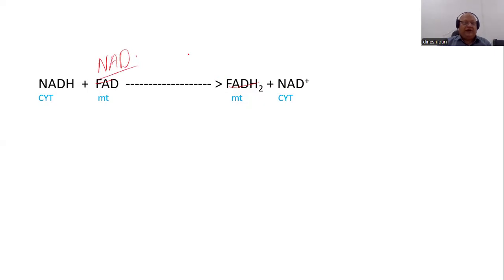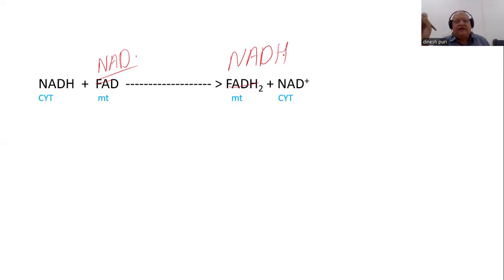Now the question before we leave: why are the FAD-associated enzymes embedded in the inner mitochondrial membrane, whereas NAD-associated enzymes are present in the mitochondrial matrix? I can give you another example also.